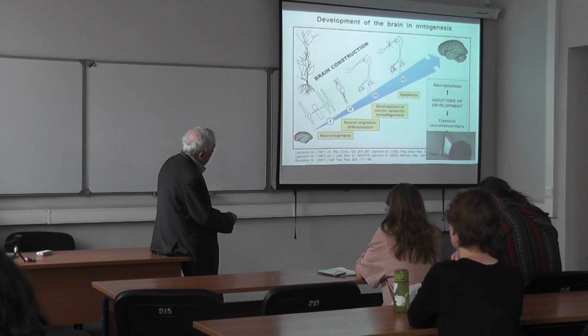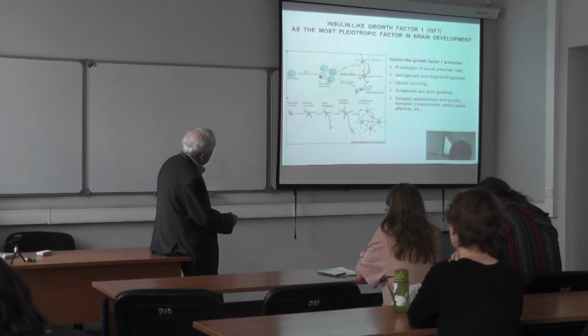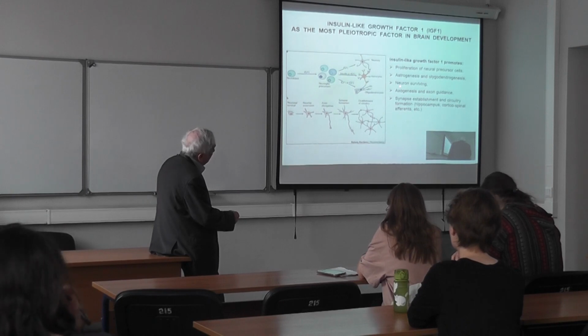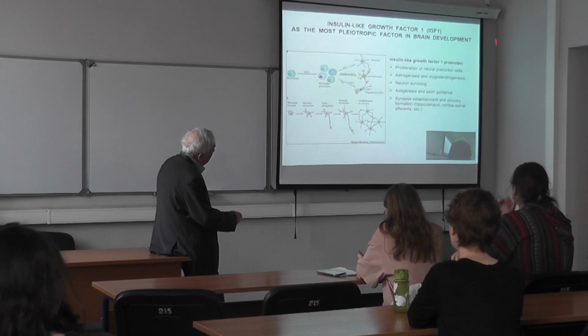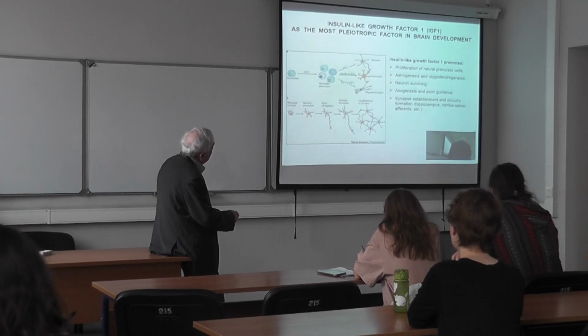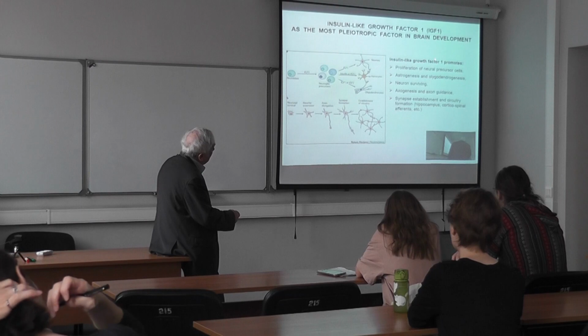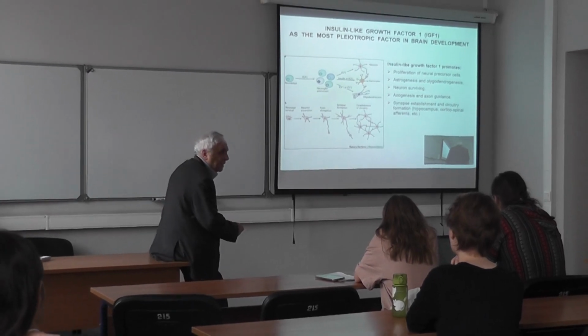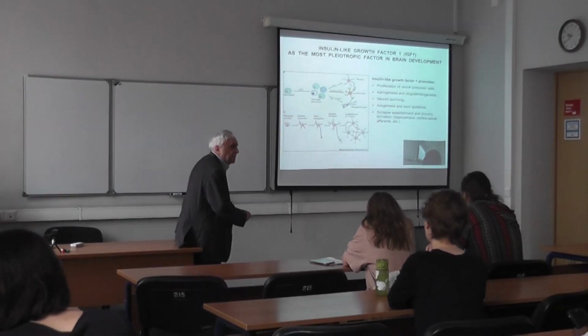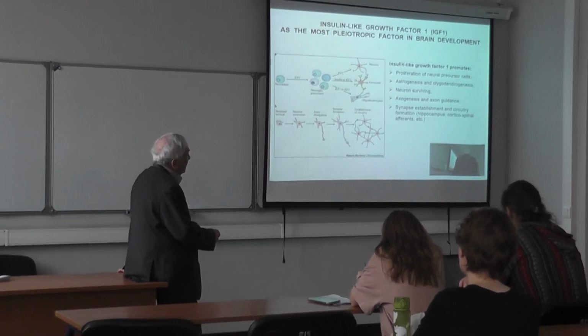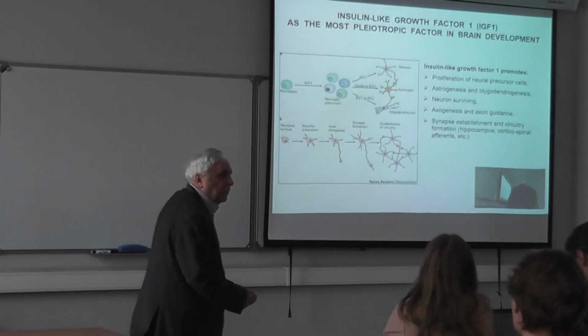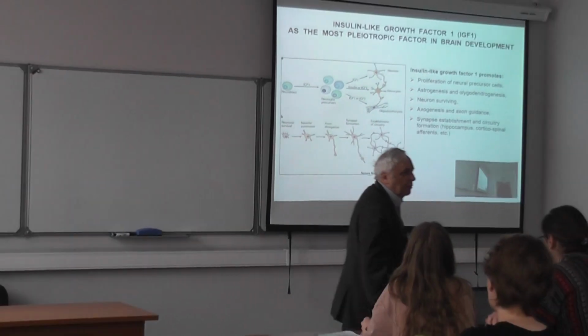At any stage, neurogenesis, neuron migration, development, synaptogenesis, etc. Well, there is a high group of chemical signals which control the development of the brain at any step of its development. These are growth factors. Growth factors are small neuropeptides.